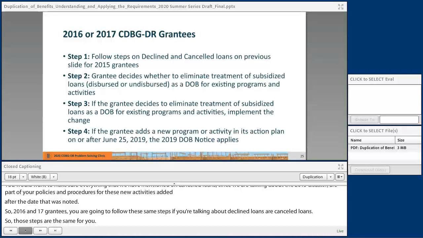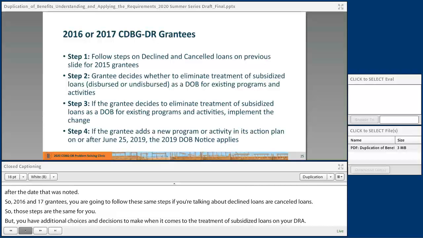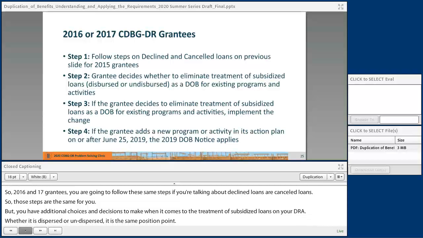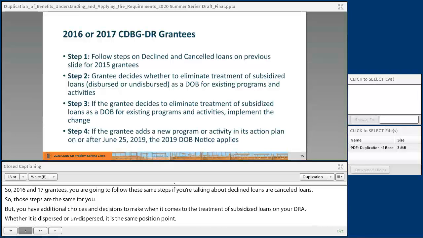And it's the same kind of decision point, whether or not you want to go backwards and look at were there applicants that had undispersed loans that were counted as a DOB. Is reimbursement something you want to pursue under the dispersed option?